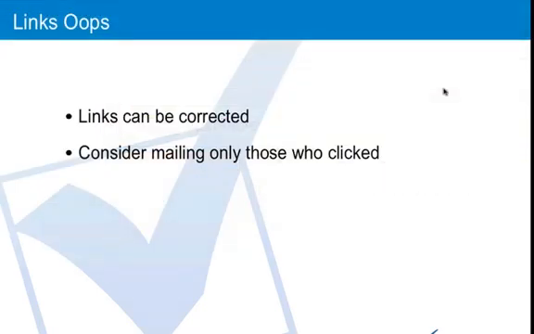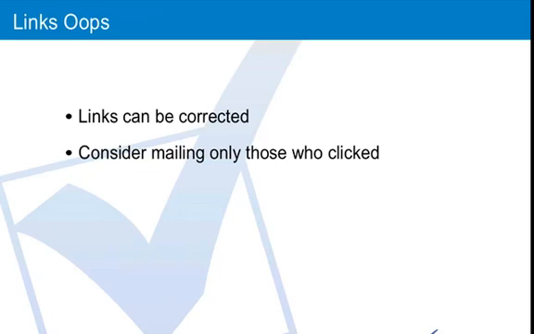Now, sometimes your links might have a problem. The one thing about links is that they can be corrected. And I have some screenshots on the next page. The one thing you also want to keep in mind, if you're going to send out a follow-up, if one of the links in your email is broken, you probably only want to mail to the people who have clicked on that link with the follow-up apology email.